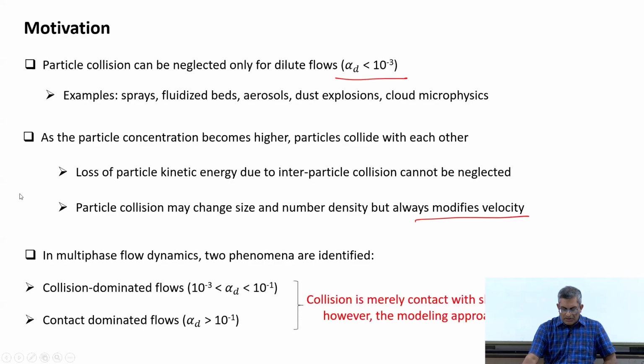But what is the difference? In both cases you have particle-particle interaction, but only the time scale is different. In case of collisions, we have very short contact time, but this causes an entirely different modeling approach for collision dominated and contact dominated flows.